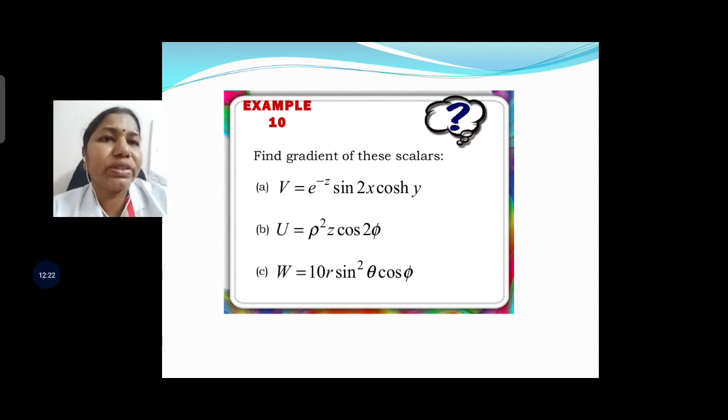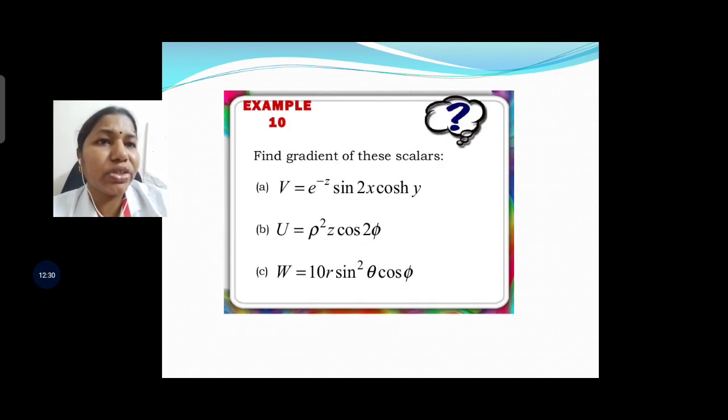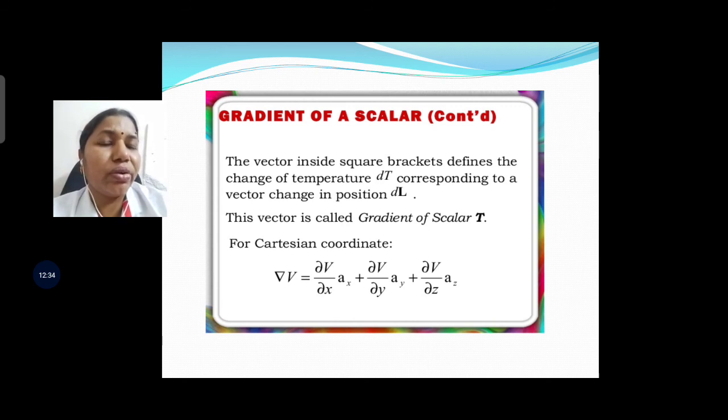So first we have to take this V. Now we are going to calculate the gradient. If you refer to this equation, we have the x y z coordinate system. So we have to write the gradient equation: del V is equal to dou V by dou x ax, dou V by dou y ay, and dou V by dou z az.